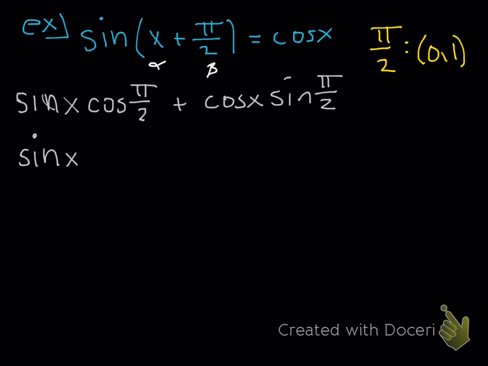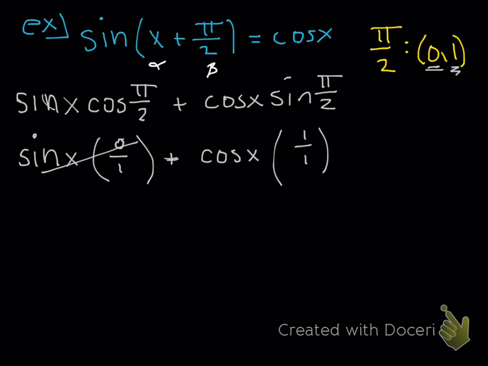But cosine of pi over 2, I use the x part of the coordinate, and I know my r is 1, so it'd be 0 over 1. And then I have cosine of x, and sine is the y part of the coordinate, so I'd have 1 over 1. And we know 0 over anything is just 0, so 0 times sine would cancel out and that would go away. Cosine times 1 would be cosine, so I'm left with cosine of x, and I verified the identity.